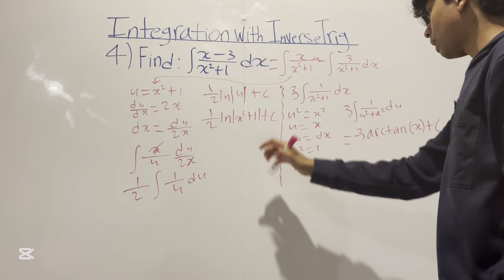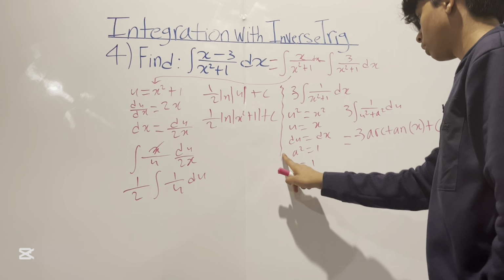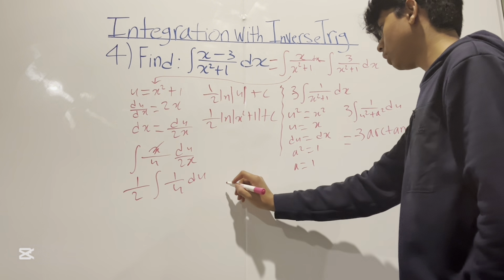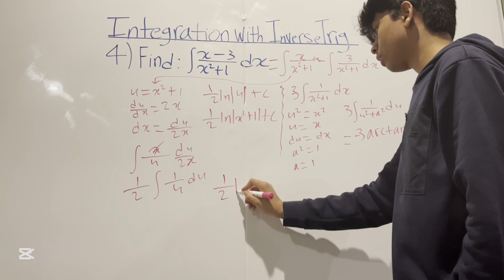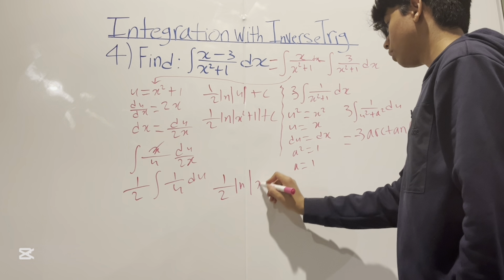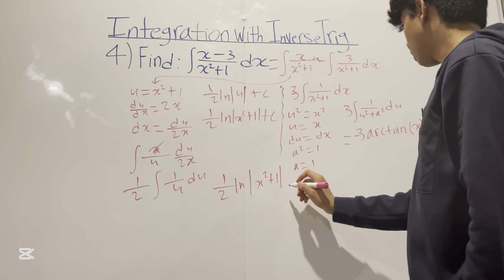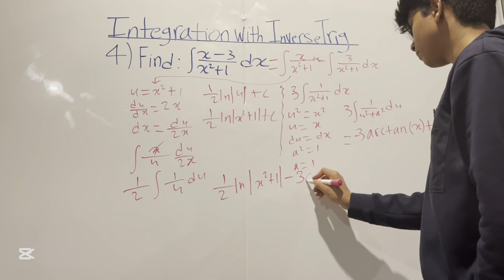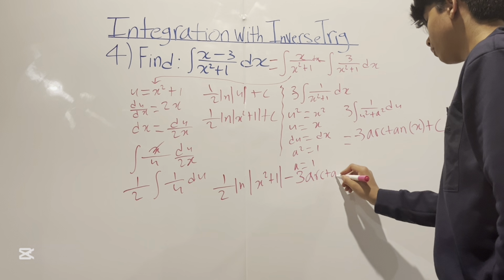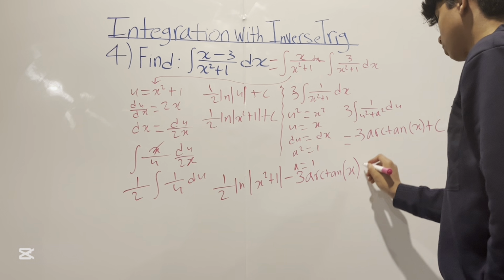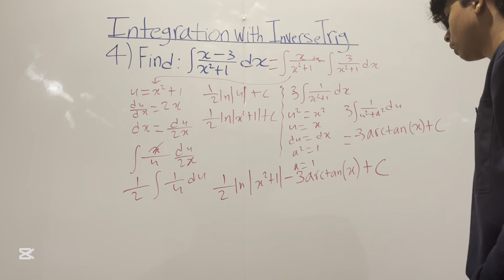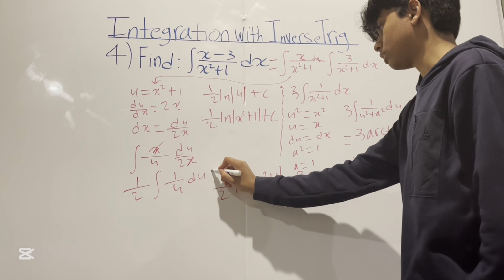So now let's combine both of these. So the answer is just going to be 1 over 2 ln absolute value x squared plus 1 minus 3 arctan x plus c. And this is now our final answer.